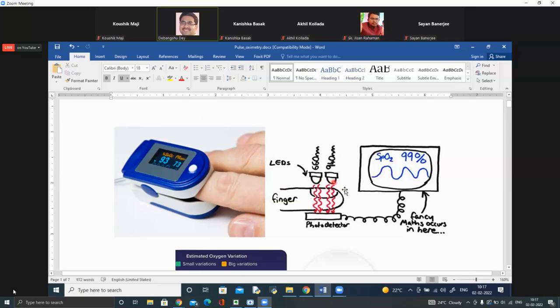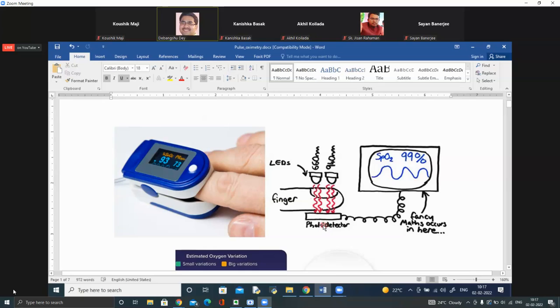If the finger thickness is more, then automatically the light intensity will be reduced. So how to take care of that? Two persons may have the same SpO2, but one has a very thin finger and the other has a thick finger. So the intensity will automatically go down. How to take care of that?